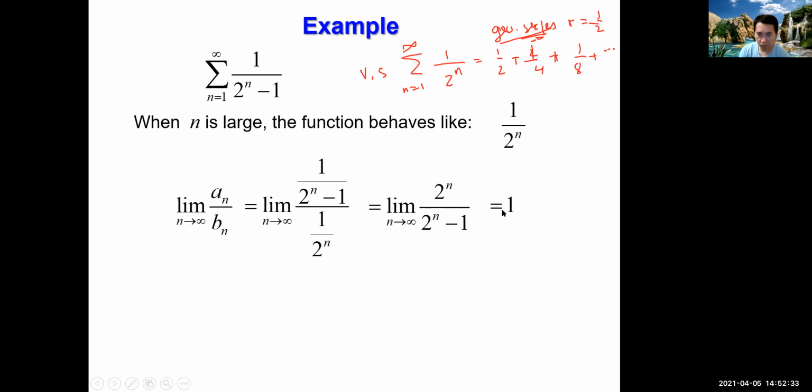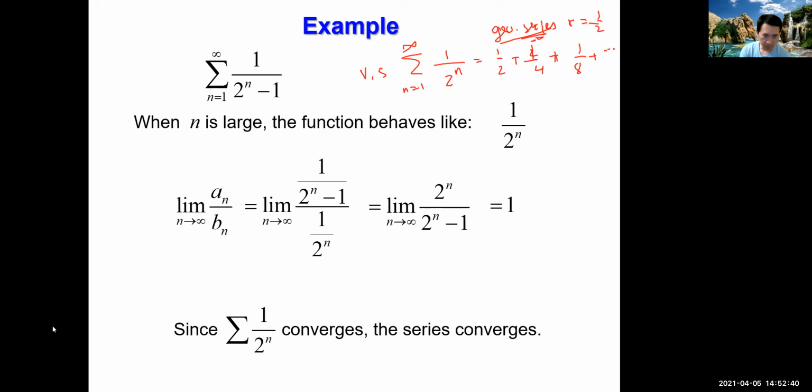So because the limit is 1, and both series converge or diverge at the same time, since the 1 over 2 to the n converges by geometric series, then the series we test also converges by limit comparison test.